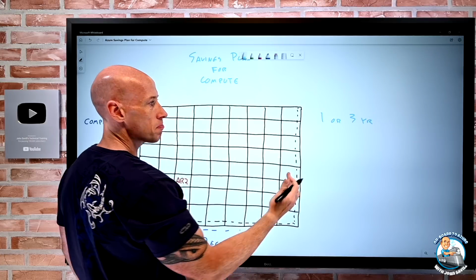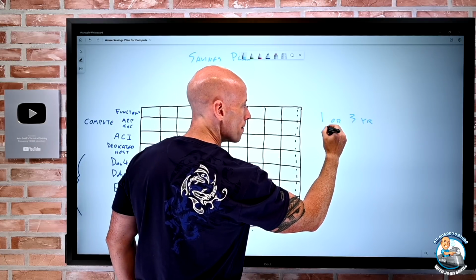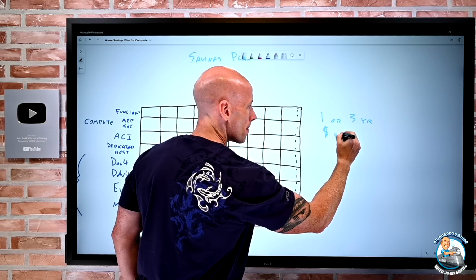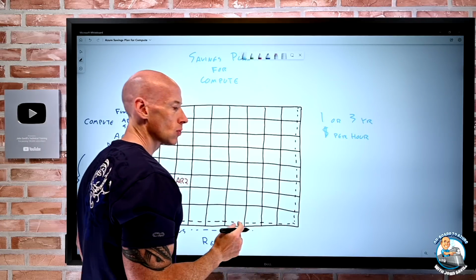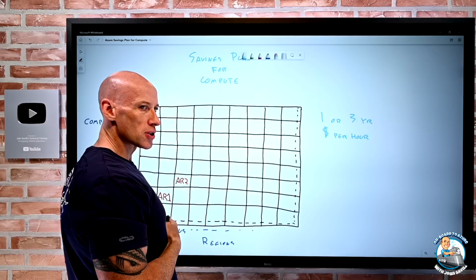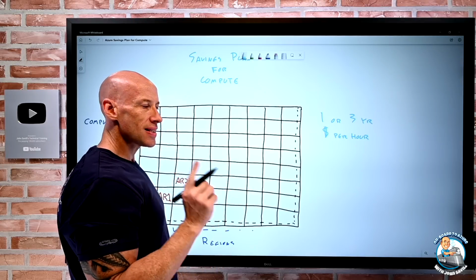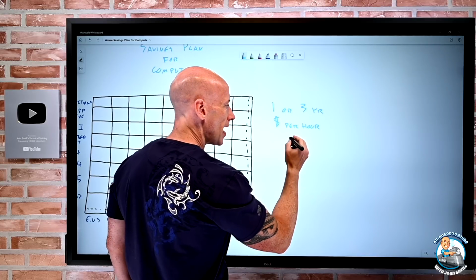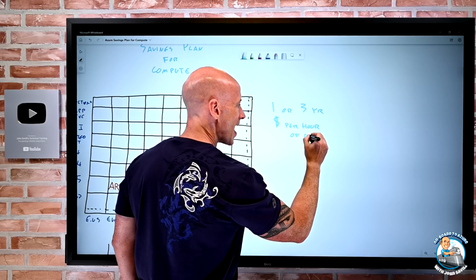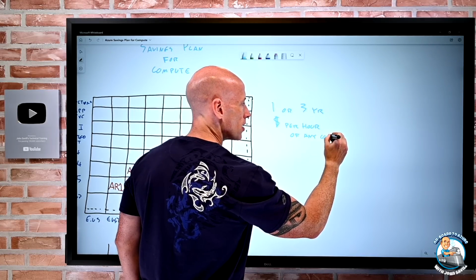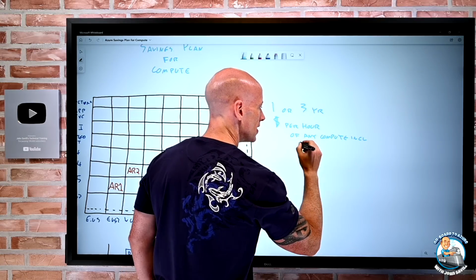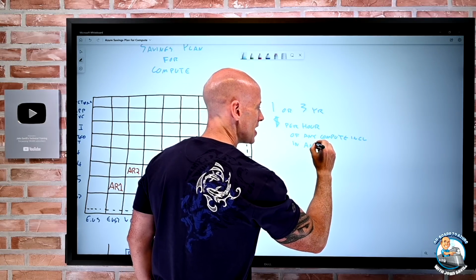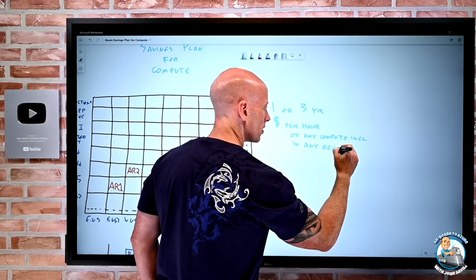And I'm basically committing to a certain amount of money per hour of compute. But here's the thing, is dollar per hour of any compute service that's included in any region.